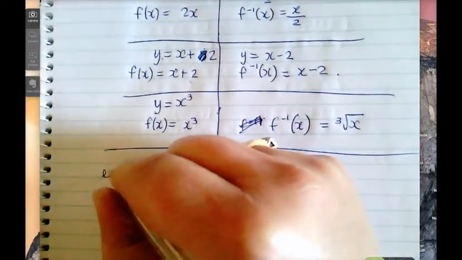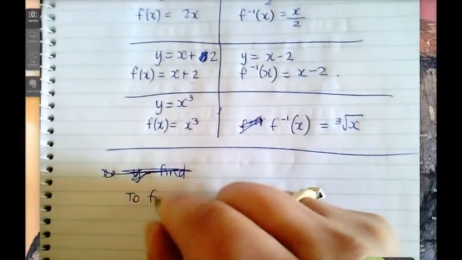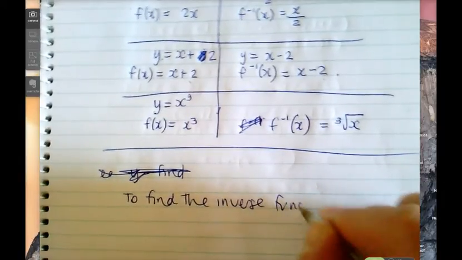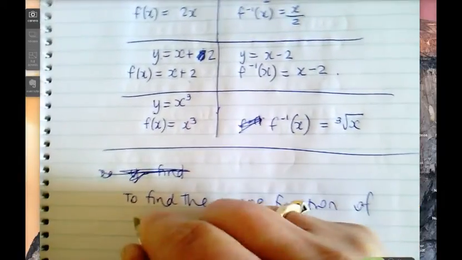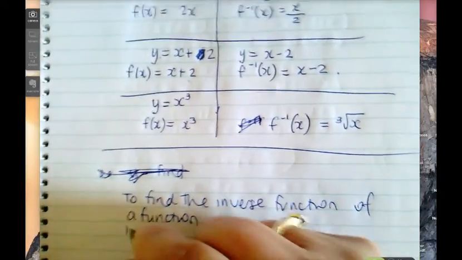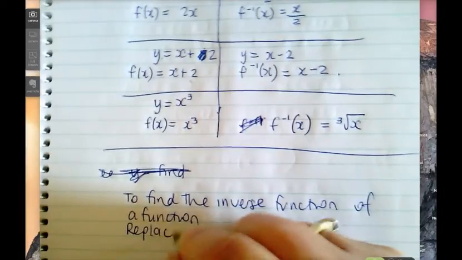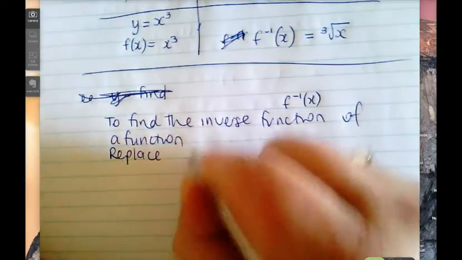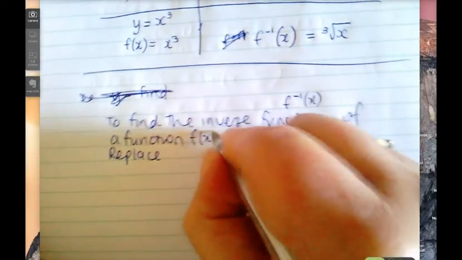so let's do some notes. So to find the inverse function of a function, this is what we do. You might want to put f to the minus 1 of x of an ordinary function of x.